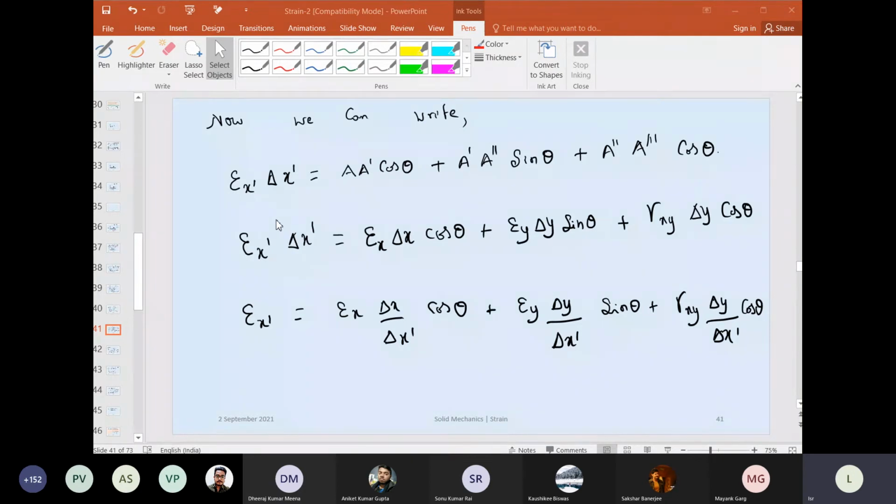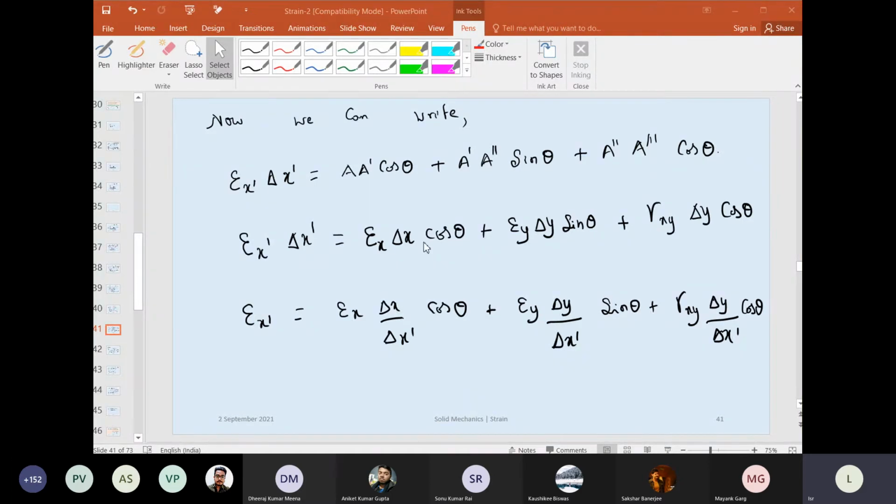I can't compare the strain like stresses. So naturally the deformation I am comparing, epsilon X prime into delta X prime will be equal to A cos theta, A double dash sin theta, A double dash A triple dash cos theta. So you can easily find out what are all those things.